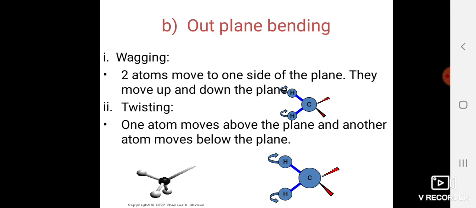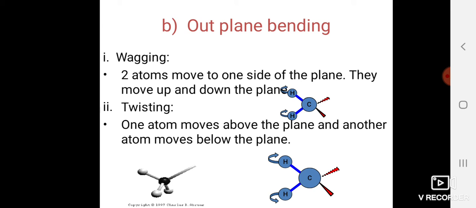Then we come across out of plane bending, where wagging and twisting occur. In wagging, one side of the plane, both the bonds move above the plane and below the plane, simultaneously. You can see the movement being shown here. And there is one more kind, twisting. In twisting, one atom moves above the plane and the other moves down the plane.